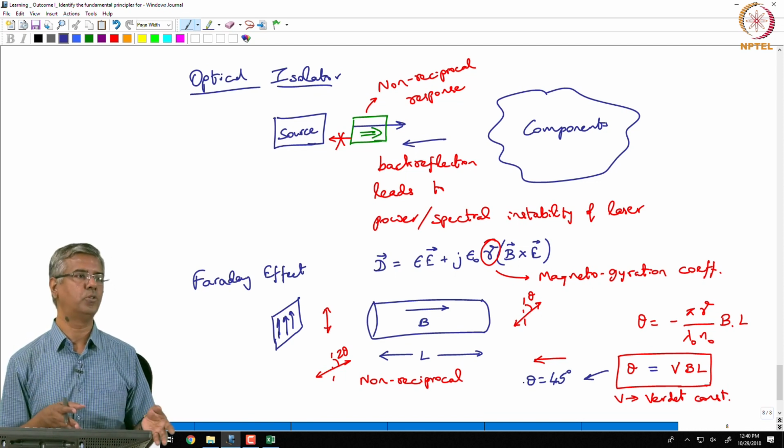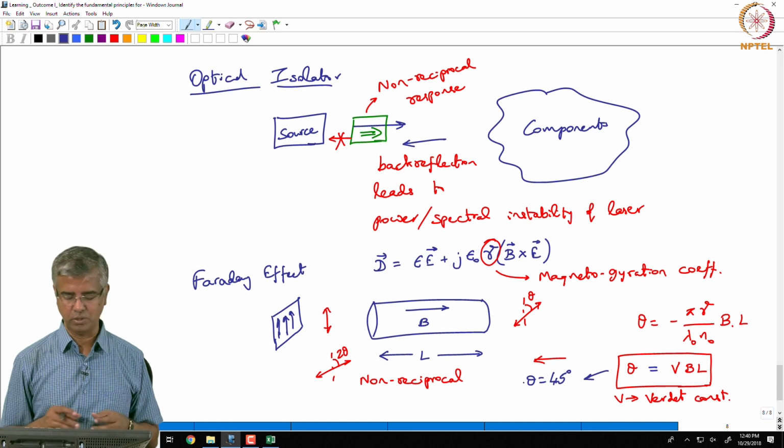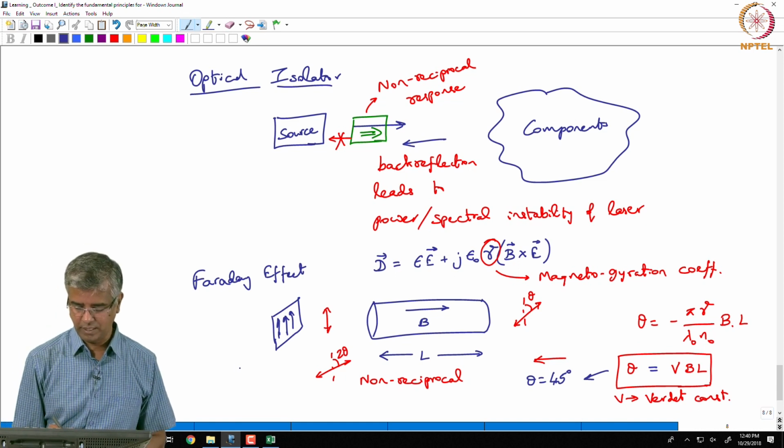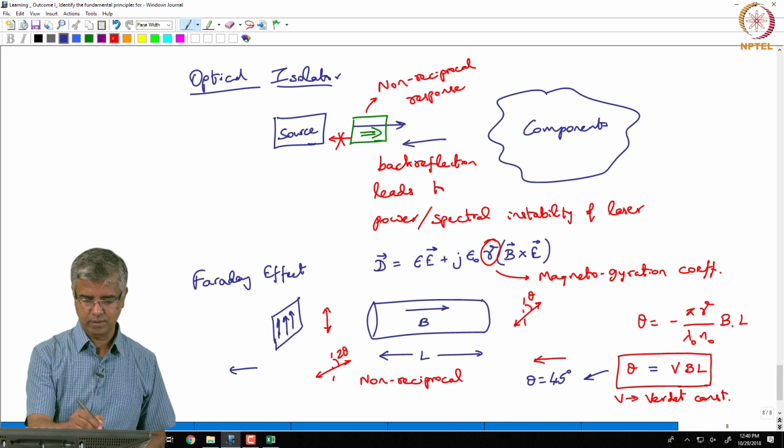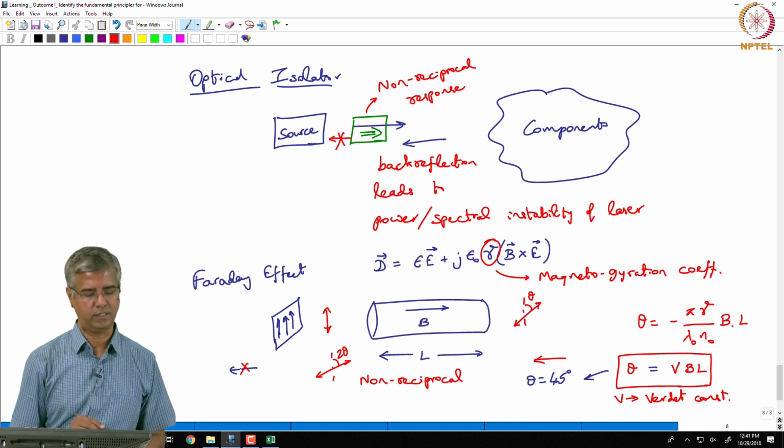And then when that goes into the polarizer, what happens? That would have been absorbed, right. So, you would not have any light going in this direction.